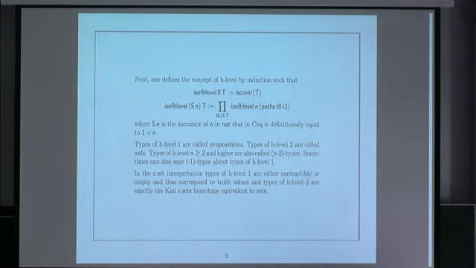So types of h-level 2 are called sets. Types of h-level greater or equal than 2 are also often called n-2 types. So a set would be called a 0-type, the next level would be called a 1-type, and so on. Sometimes one also uses -1 types to refer to types of h-level 1.